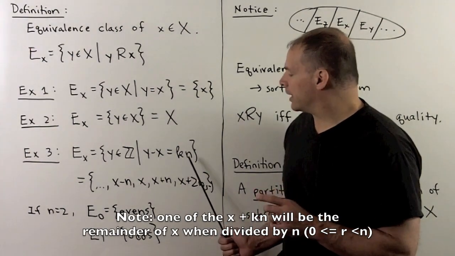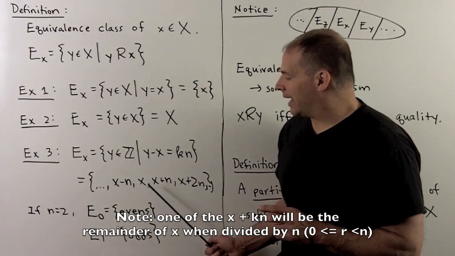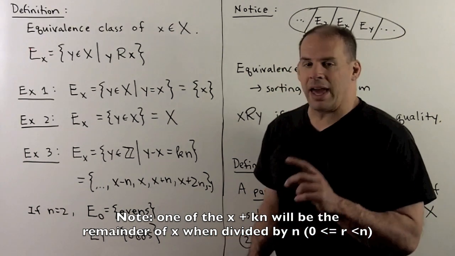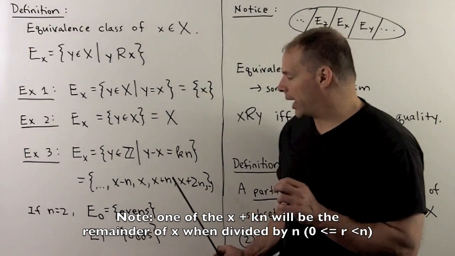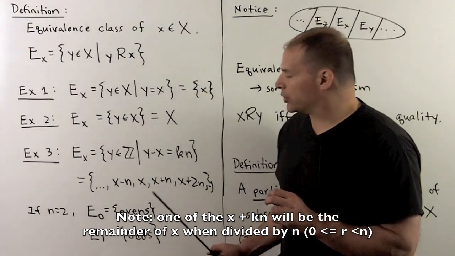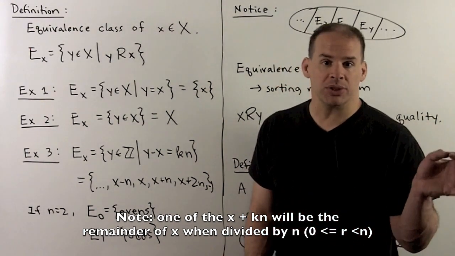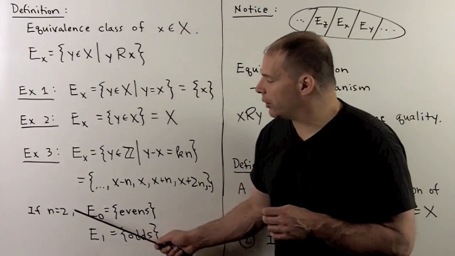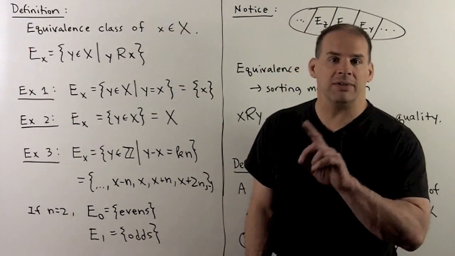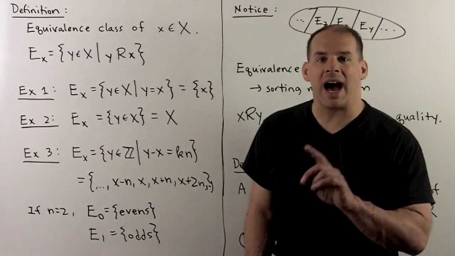Now, here, if I let that multiple be 0, we get X itself. Then I can start subtracting n from X or adding n to X. So here we're just going to get X plus or minus all multiples of n. In a special case when n is equal to 2, E0 is the even integers, E1 is the odd integers.